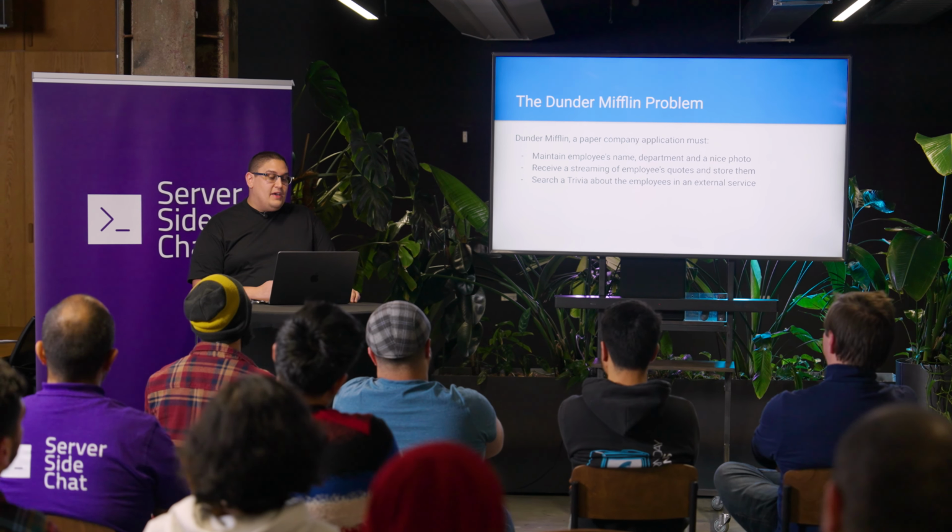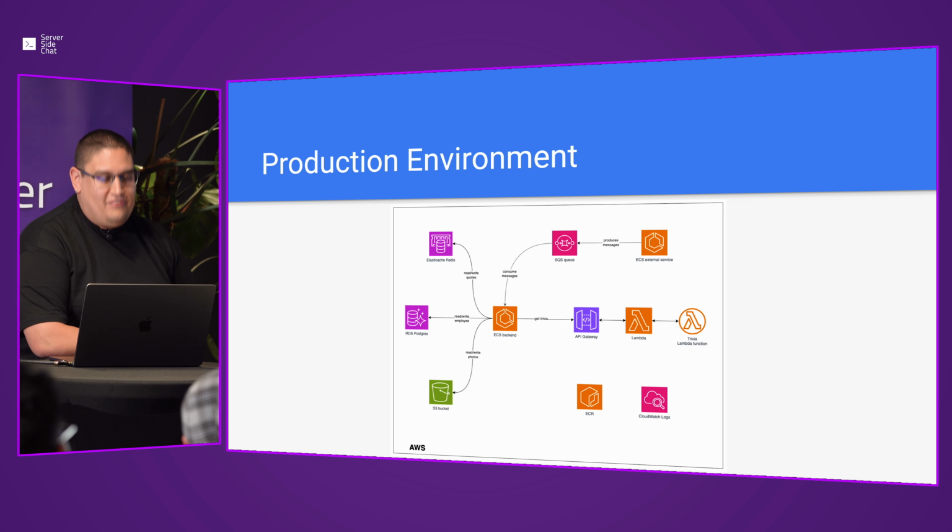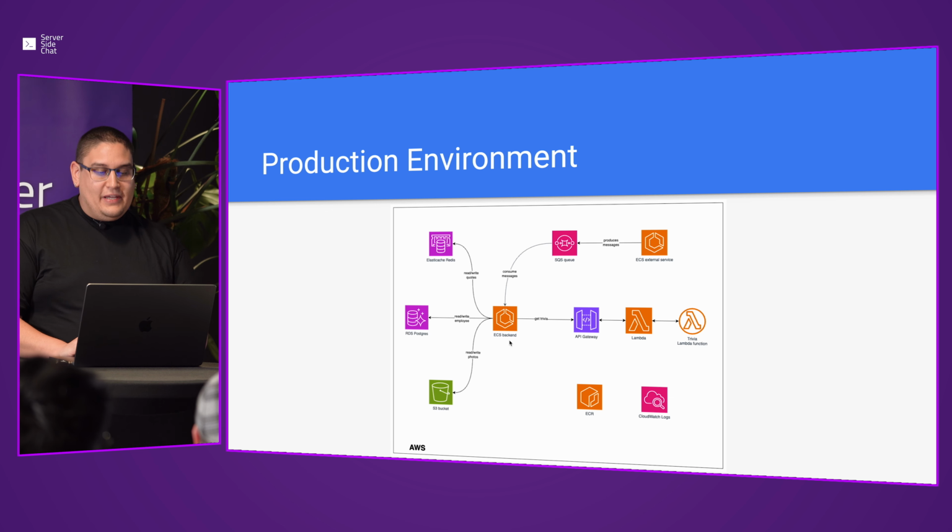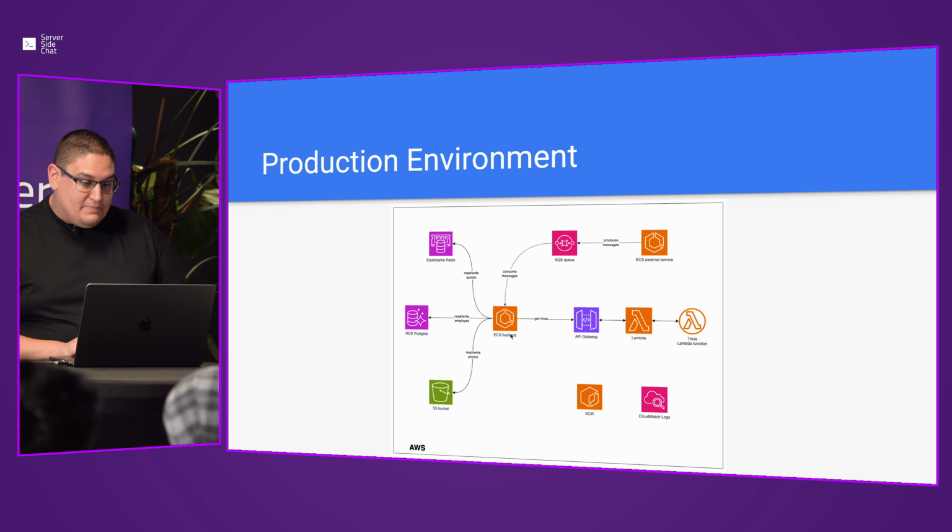So this is the theoretical prod environment. Of course, there is no prod environment, but technically, this is how it looks. We have our application here, our backend. We have RDS Postgres to store the data from employees, an S3 bucket to store the photos, and ElastiCache Redis to store the quotes from the TV show that we are consuming from the SQS queue.